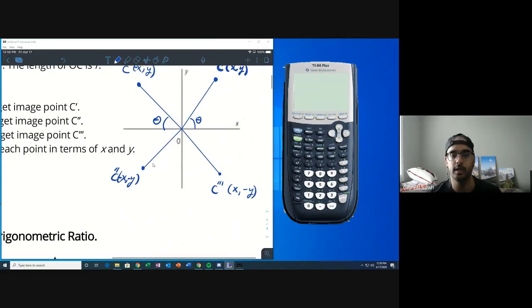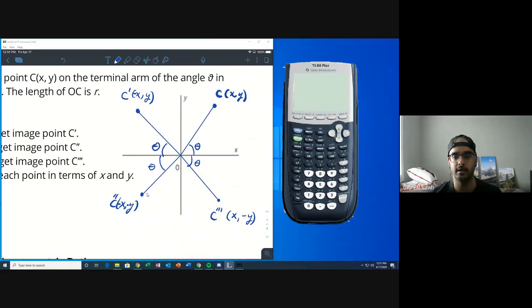Now for the two that we created underneath that x-axis, the angle from the x-axis to that terminal arm has the exact same value as the other two. All four of these angles represent theta, the exact standard position angle we started with. Now it's just reflected, and it could be in one of four places. The only thing that changes is the sign of the point on that terminal arm.